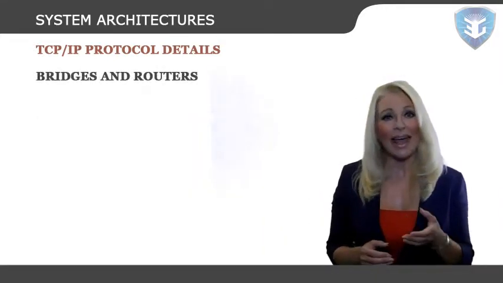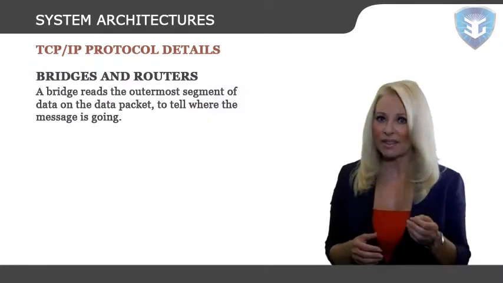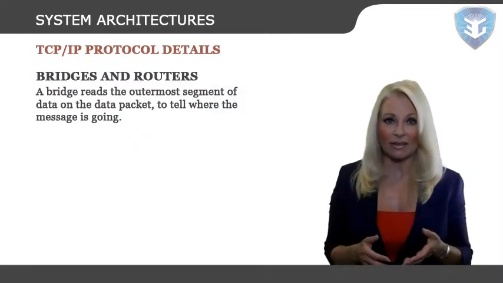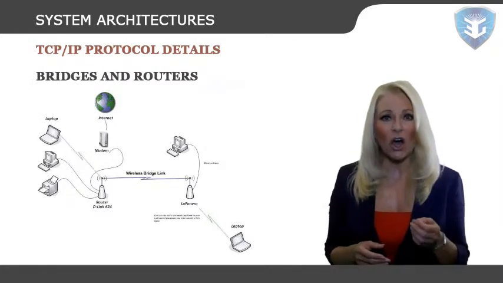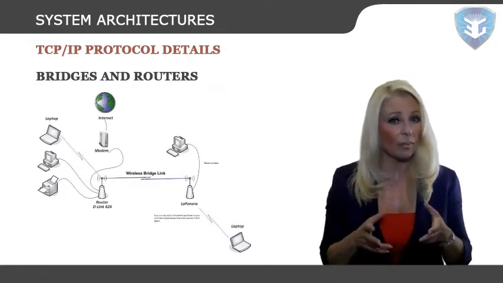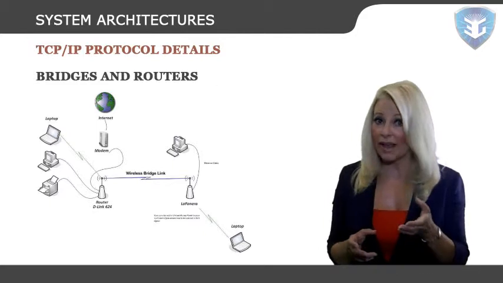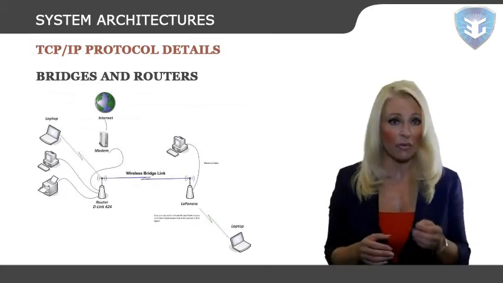Let's now have a look at bridges and routers. A bridge reads the outermost segment of data on the data packet to tell where the message is going. It reduces the traffic on other network segments since it does not send all packets. Bridges can be programmed to reject packets from particular networks.